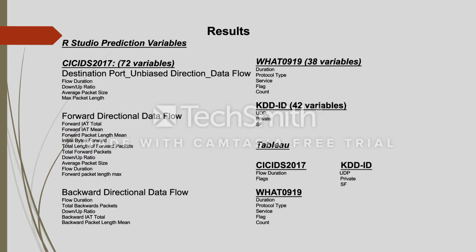The results of the Tableau visualizations produce these key variables. From the primary dataset, we have flow duration and flags, which connected to the second dataset for the duration and the flag variables as well. As you can see in the second dataset, it has protocol type and services, which connect to the KDDID, UDP, and private.